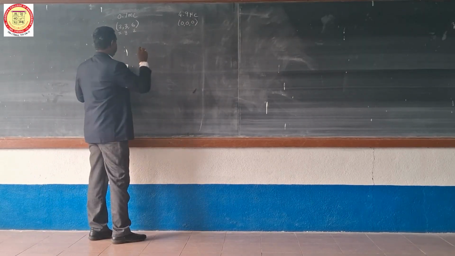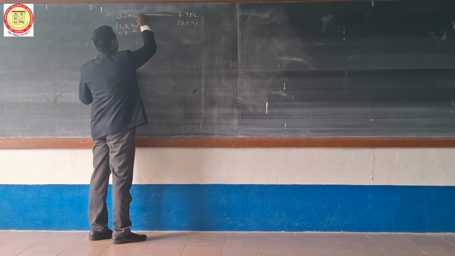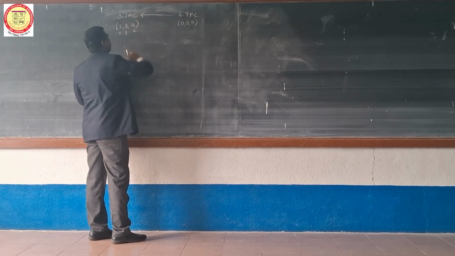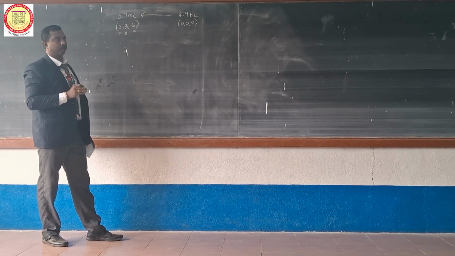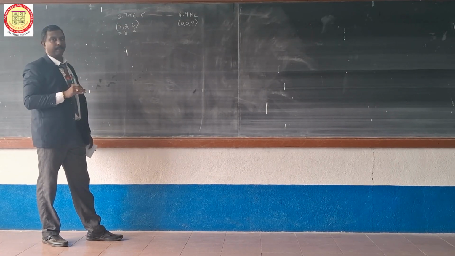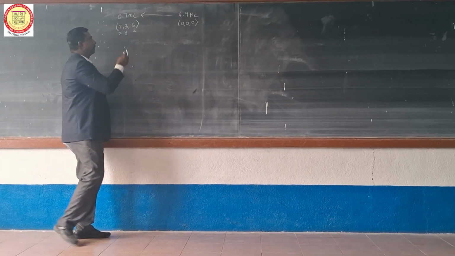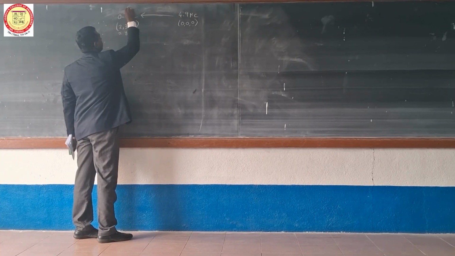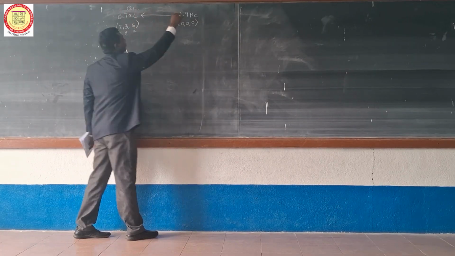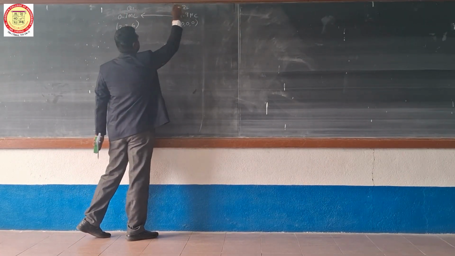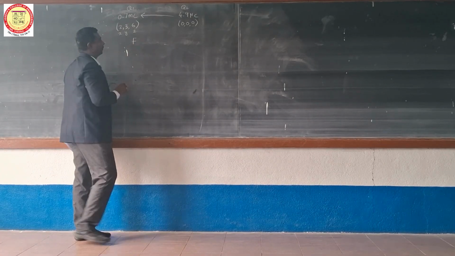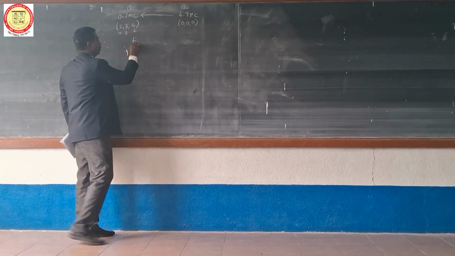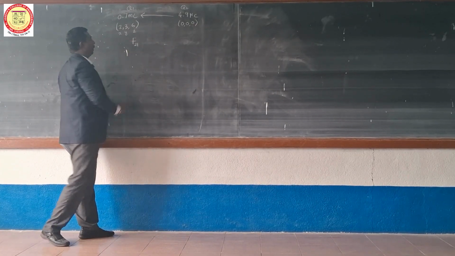So as the question says, what is the force exerted on the 0.7 millicoulomb charge? It shows that the 4.9 microcoulomb charge is exerting force on the 0.7 millicoulomb charge. Right? So let us assume this is charge 1 and let this be charge 2. So as per the formula, the force is starting from 2 and ending at 1.